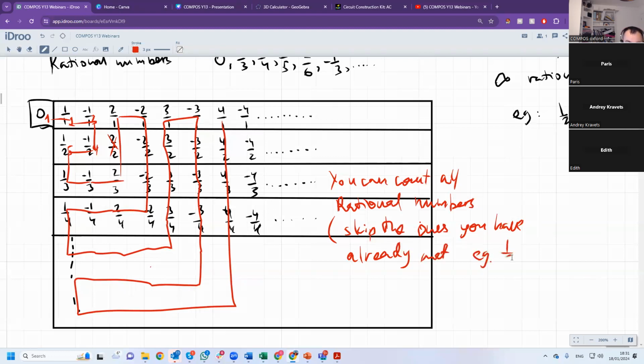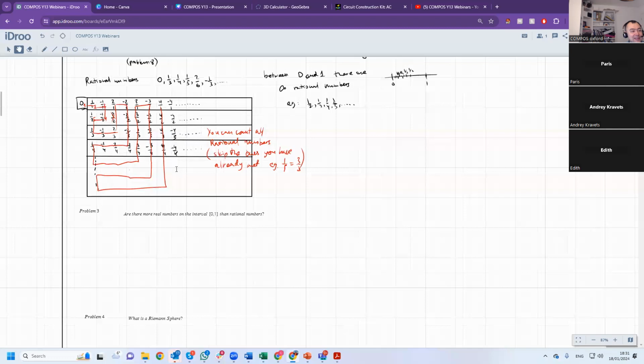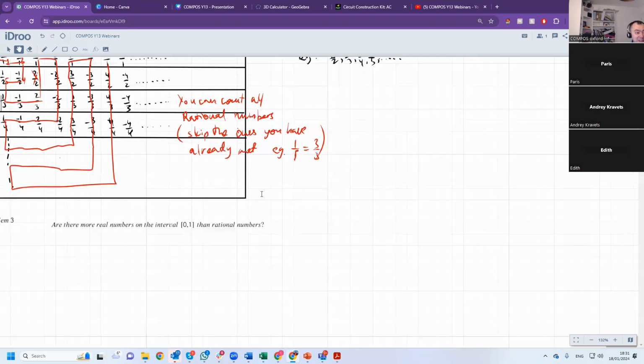Example, 1 over 1 is equal to 3 over 3. And that's it. So there's the same number of rationals as there are natural numbers. The answer: same number of rationals as natural.